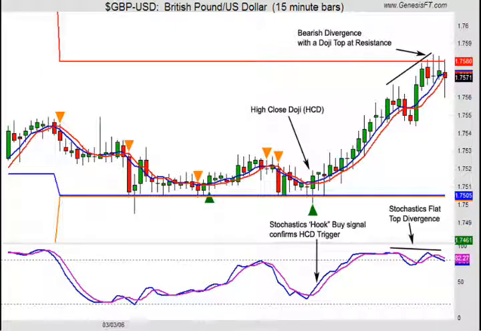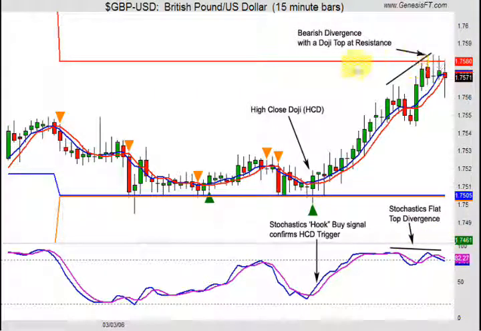Again, let's take a look at the stochastics. We see buy signals, we see sell signals, bullish divergence, high close dojis. Remember, I wanted to talk about this: sometimes we see the stochastics in the same day give you either flat top or divergence patterns. If this is a higher high occurring here, we should have at least a higher high if this is truly a bullish market.